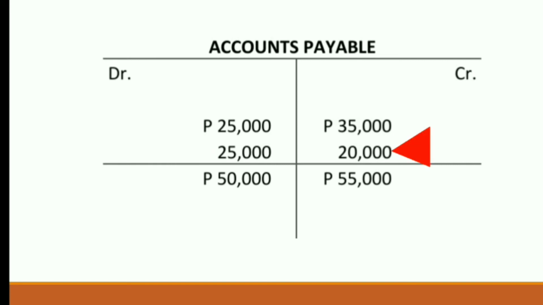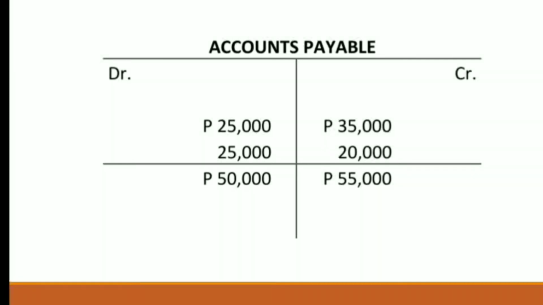So let's total separately the debit and the credit entries in their respective sides. We'll start here in the debit side. We have 25,000 plus 25,000, so the debit total is 50,000 pesos. And in the credit side, the credit total is 55,000 pesos. That is 35,000 pesos plus 20,000 pesos.